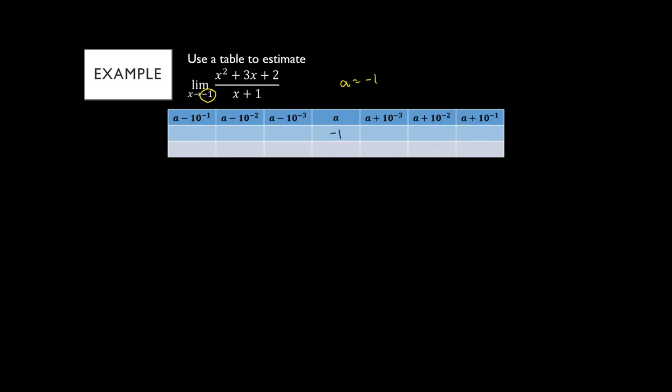So I'm going to put -1 in for a, and then I need to add my values to -1. And those are just powers of 10.